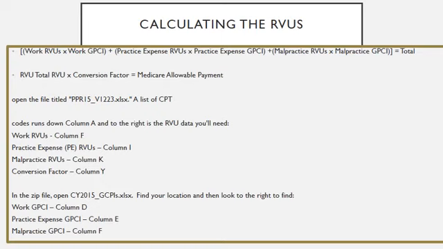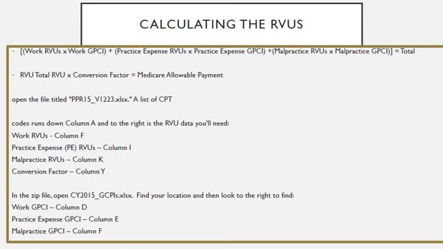They're not going to ask you to code it, but they may ask you for the formula or something like it. All right, or for those of you that want to know how to actually calculate an RVU, you take the work RVUs times the work GPCI, plus the practice expense RVUs times the practice expense GPCI, plus the malpractice RVU times the malpractice GPCI, and that gives you the total RVU.